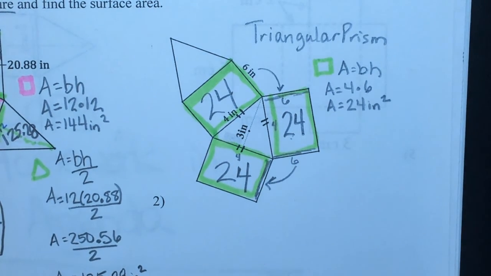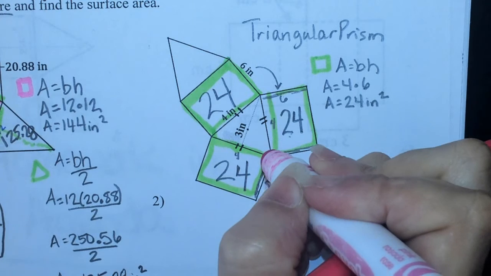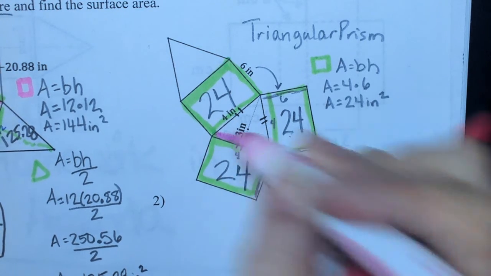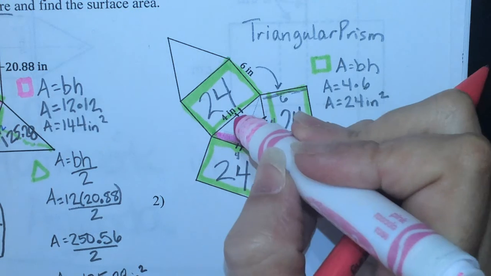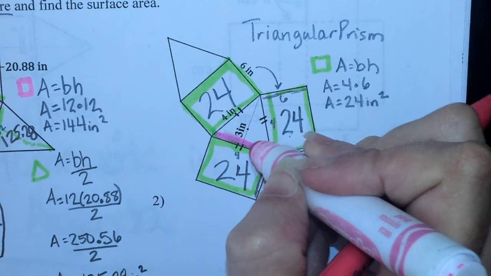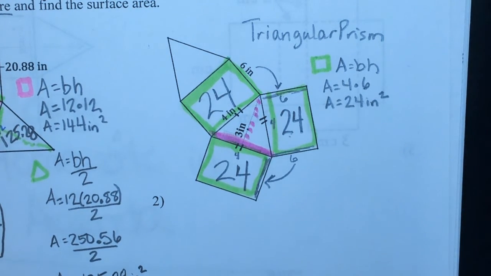Now I'm going to do the triangle in the middle. Okay. The triangle is, this base is what? 4. Okay, it is 4. Remember, the double lines, it's going to be the same. So it is a 4 by 3. Okay.